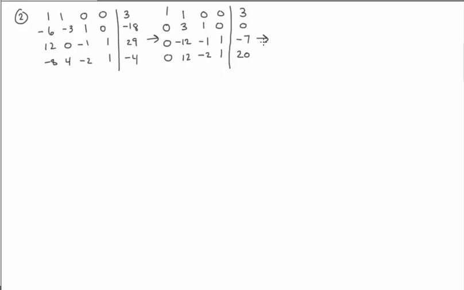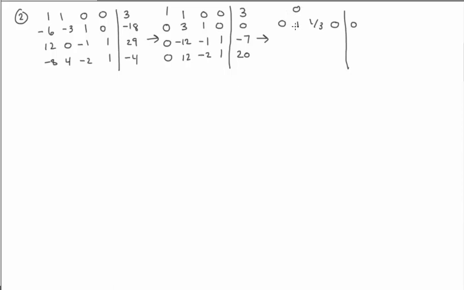Okay, I need this to be a 1, so 0, 1, 1/3, 0, and 0. Multiplied everything by 1/3. And this needs to be a 0, so what do I need to do?